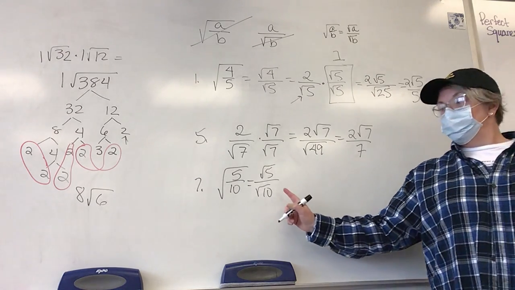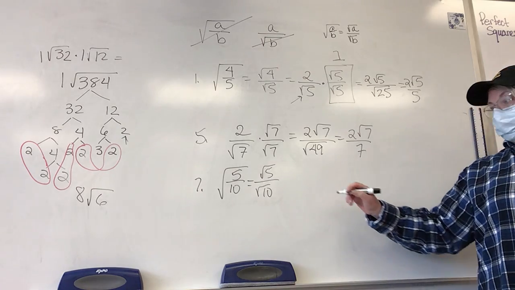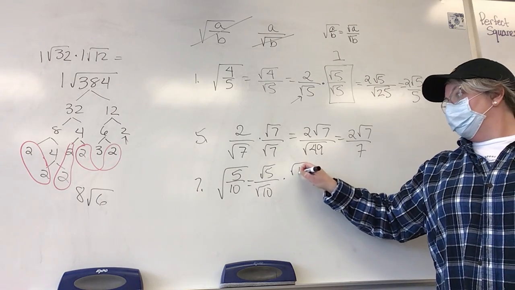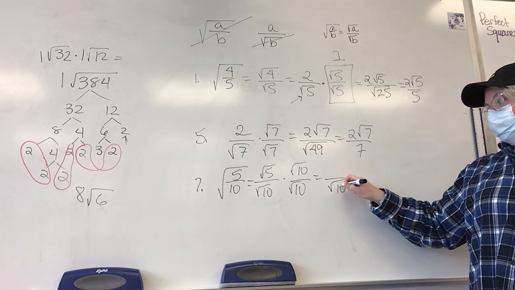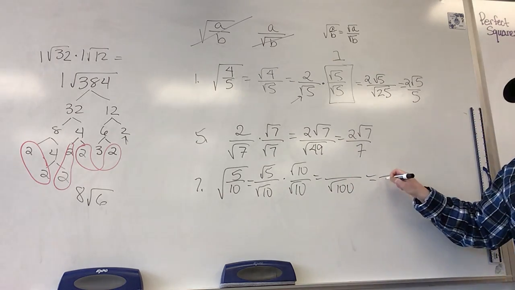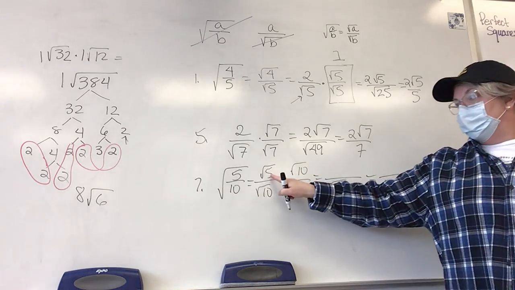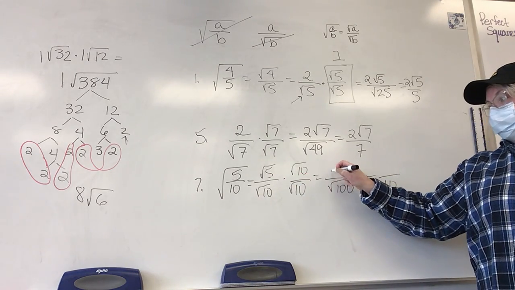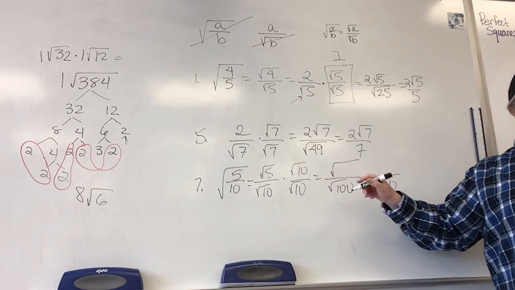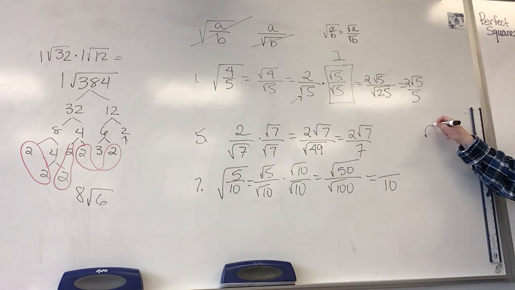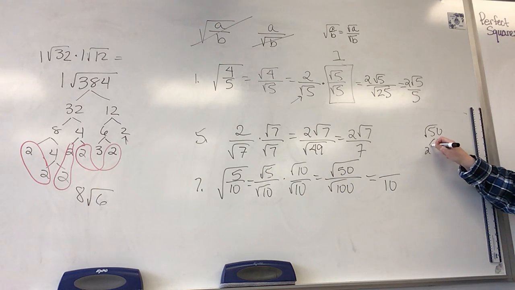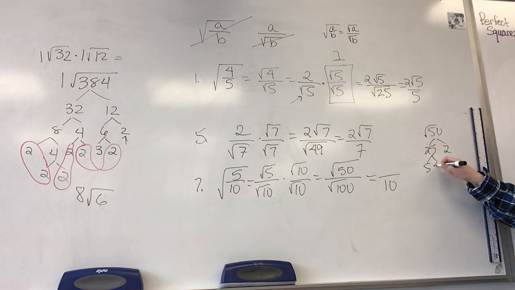Okay. Did anybody do it this way and then multiply by the radical? Yep, over. Excellent. Now you get radical 100 in the bottom, which happens to be 10. And a radical 5 times a radical 10, that's inside times inside, so you get what on top? Radical 50. So then I go over here on the side, radical 50, 25, 2, 5 and 5.